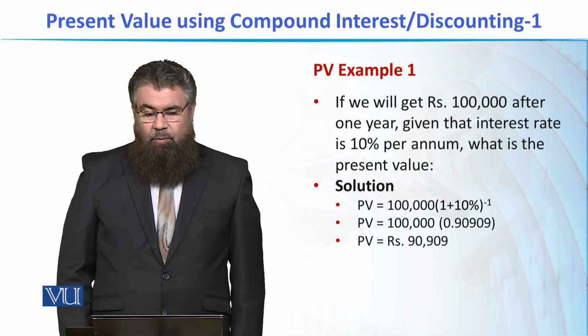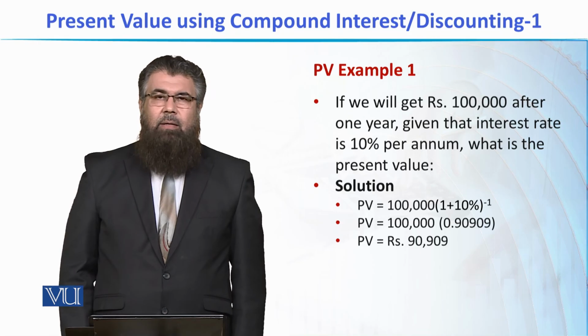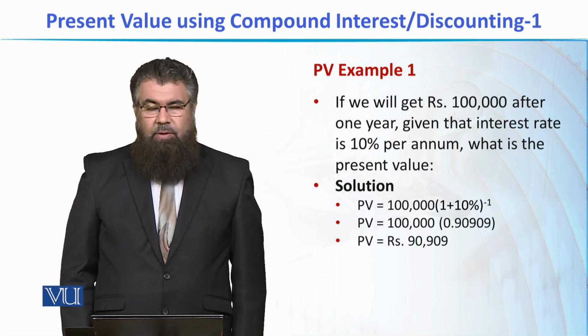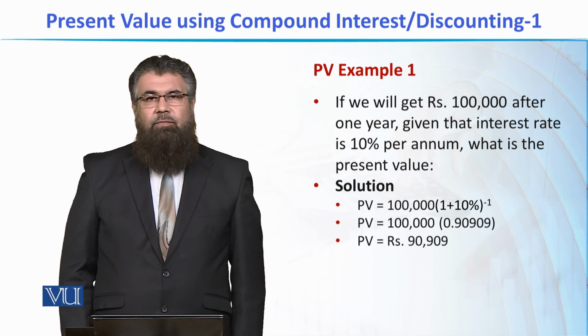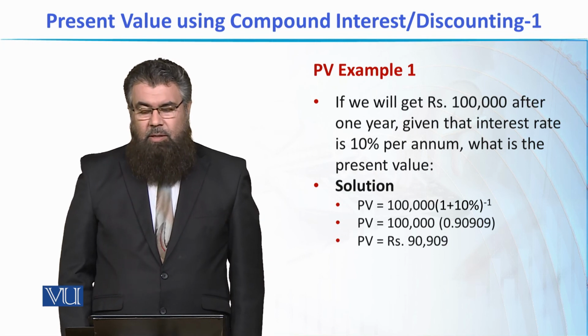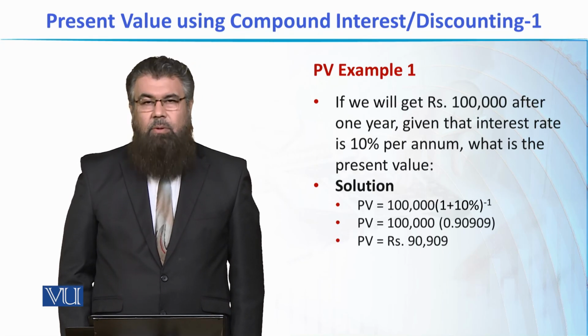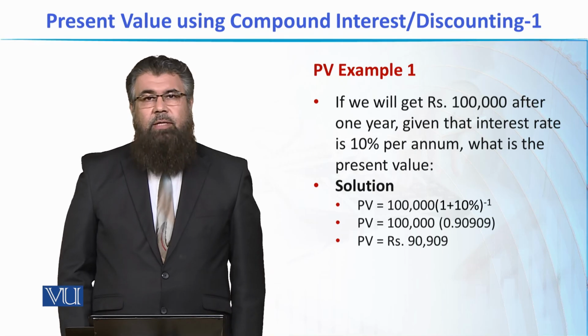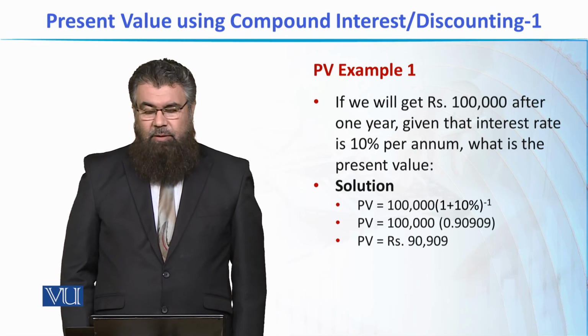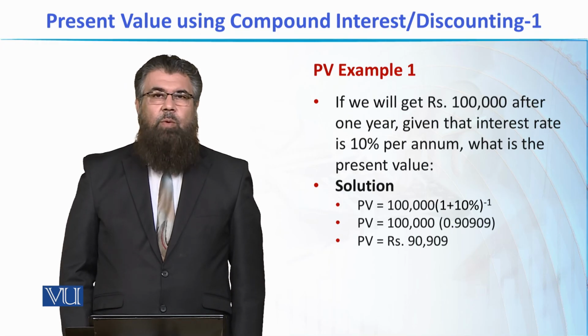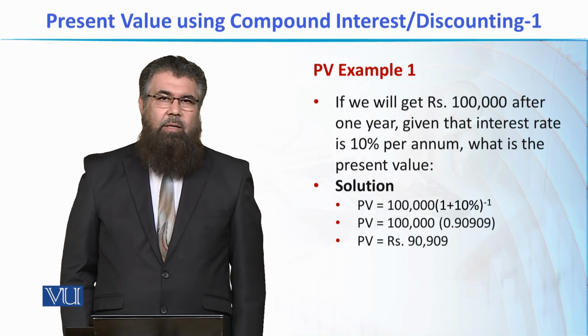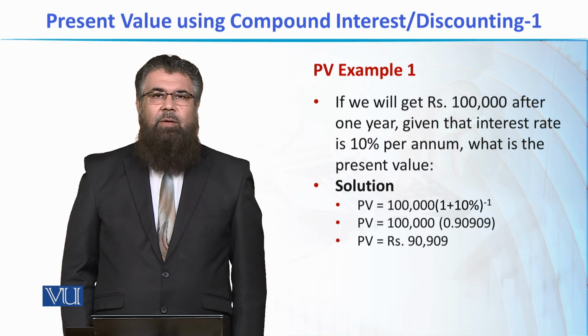Have a look at this. What we have done is that we have multiplied the future amount, which is 100,000, with the present value interest factor, that is 1 plus R raised to the power minus N. Here R is equal to 10% and N is equal to 1, because the future value is 1 year from now. Now, using a calculator, we can easily calculate the value of this factor, that is 1 plus 10% raised to the power minus 1. So 1 plus 10% means 1 plus 0.1, and that will be 1.1.